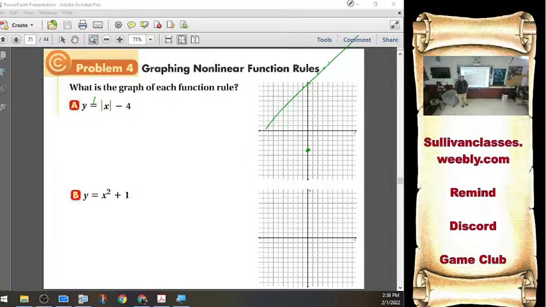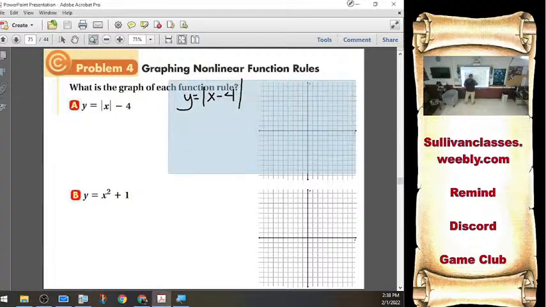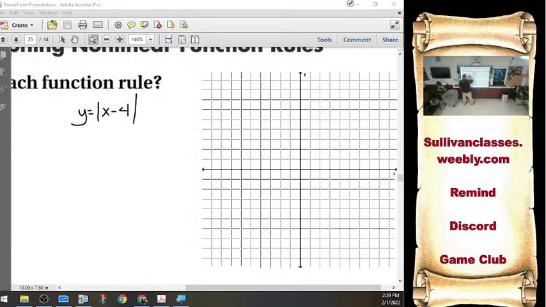No, it doesn't work that way. Okay? We need each of these as a table.